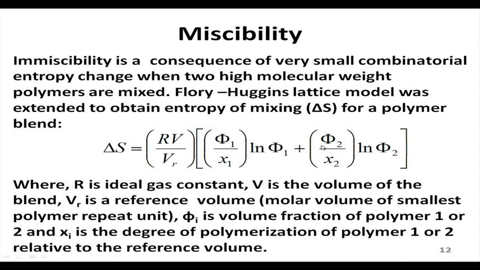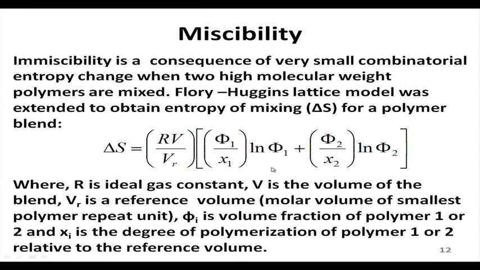where R is the ideal gas constant, V is the total volume of the blend of the component polymers P1 and P2, and VR is a reference volume, the molar volume of the smallest repeat unit of the two component polymers.